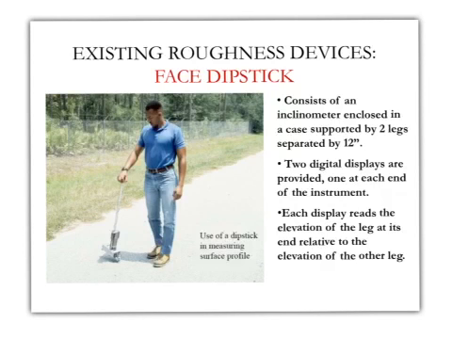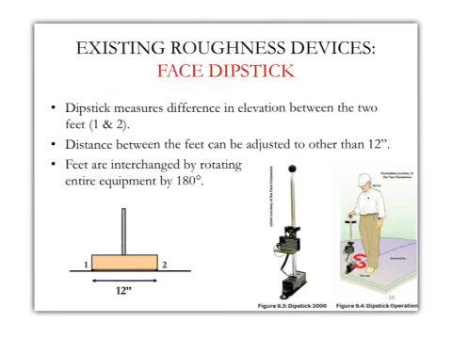So I'm really interested to know the elevation of point A versus point B, and this is what gives me an indication of the road profile and therefore a roughness index. Each display reads the elevation of the leg at its end relative to the elevation of the other leg. So this is what I'm talking about here. I have point 1, I have point 2, and the distance between these 2 points is 12 inches.